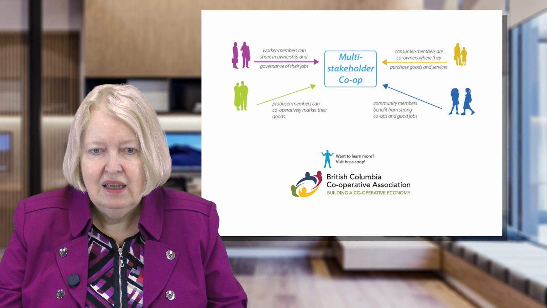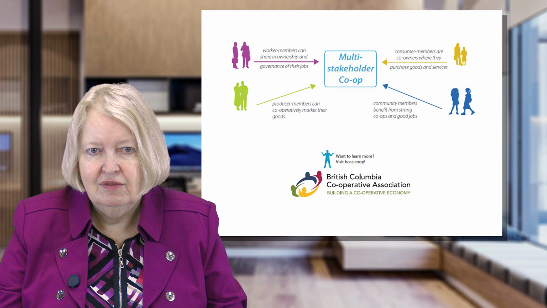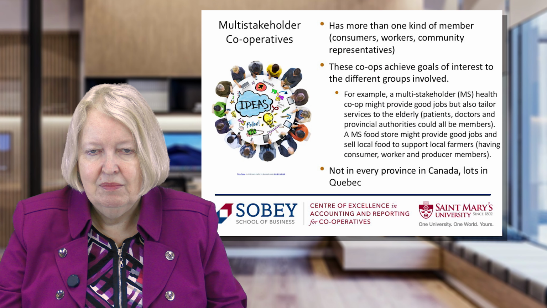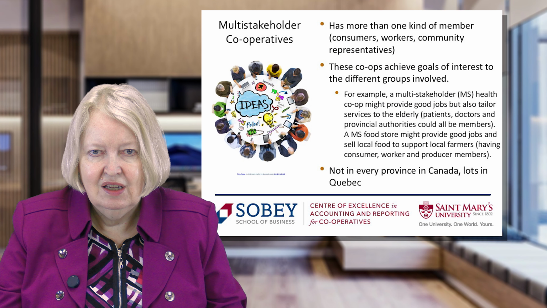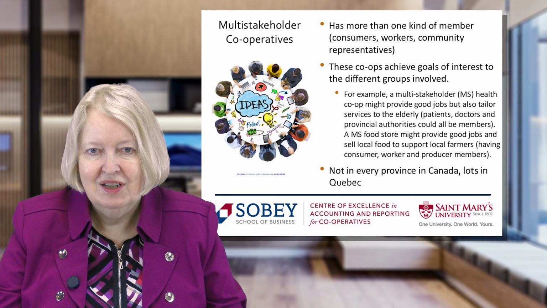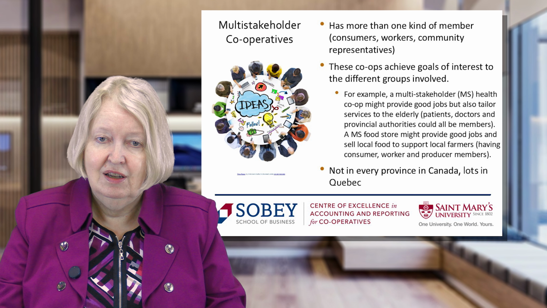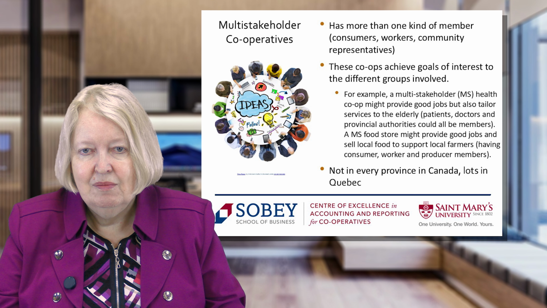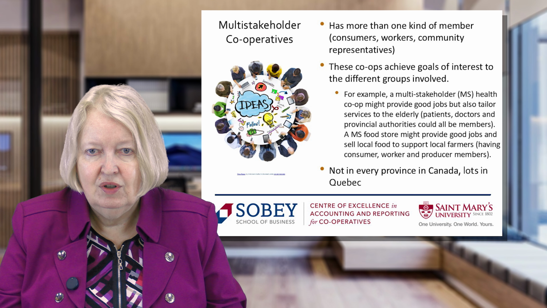A multi-stakeholder co-op involves everybody: workers, consumers, producers, and community members. They're all members of a co-op. A multi-stakeholder co-op has more than one type of member. It doesn't have to have all the types, but it has to have more than one. You have an example here of consumers, workers, and community representatives.